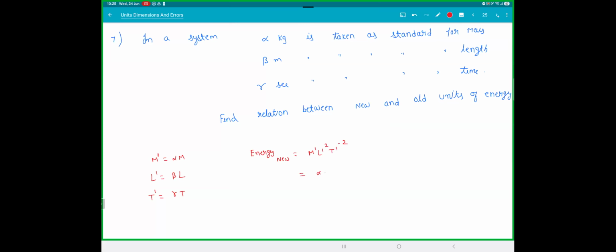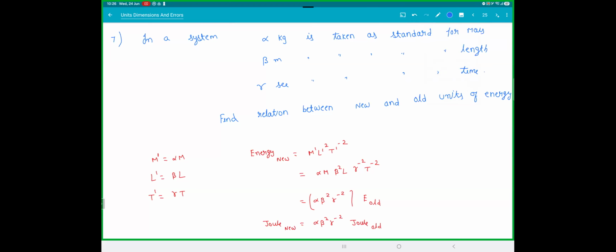Substitute here: alpha M, beta square L, gamma power minus 2 T power minus 2. Alpha beta square gamma minus 2 times the old unit of energy. So basically the new unit of joule is alpha beta square gamma minus 2 times the old unit of joule. Clear with this? That's the relation between them, and you're done.